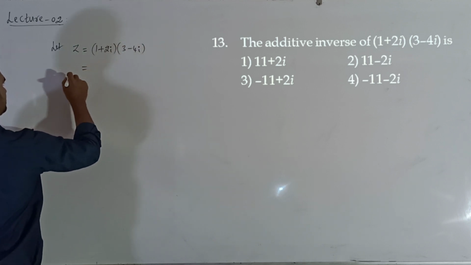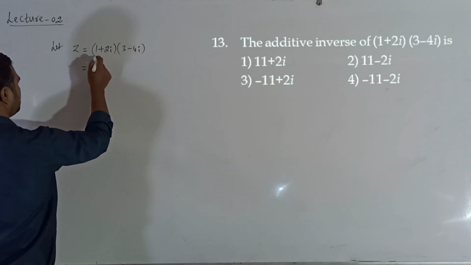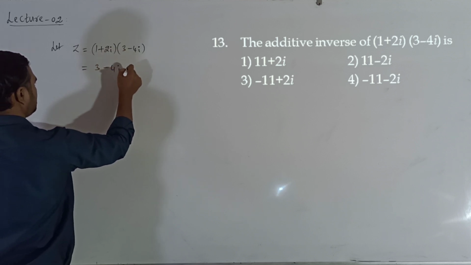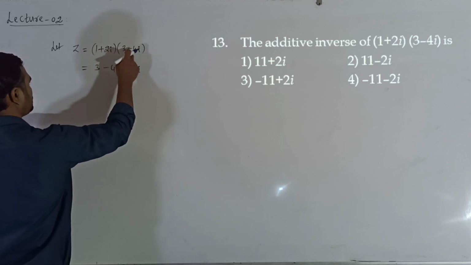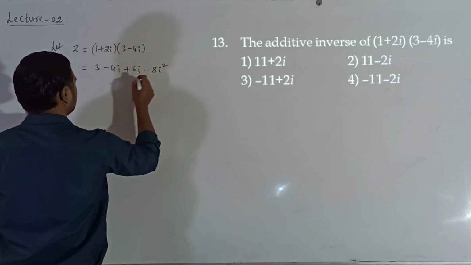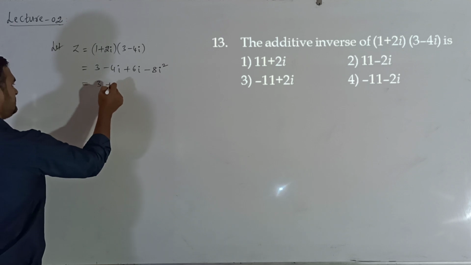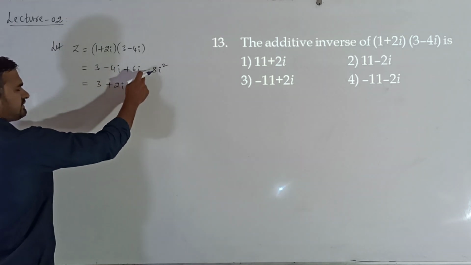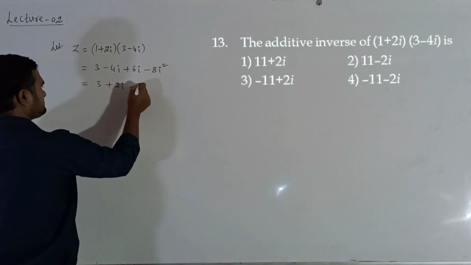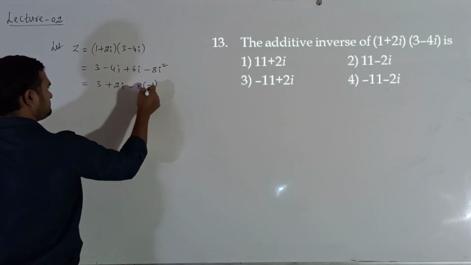So first multiply and simplify. 1 into 3, 1 into minus 4i, 2i into 3 plus 6i, plus 2i into minus 4i, minus 8i square. So 3 minus 4i plus 6i, 2i, minus 8 into i square, i square is minus 1.